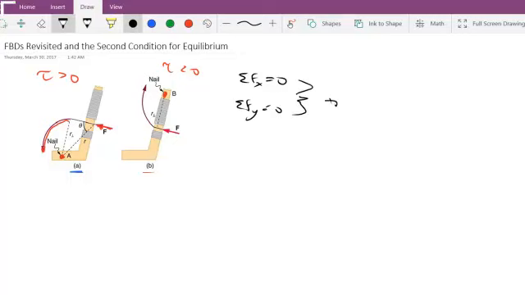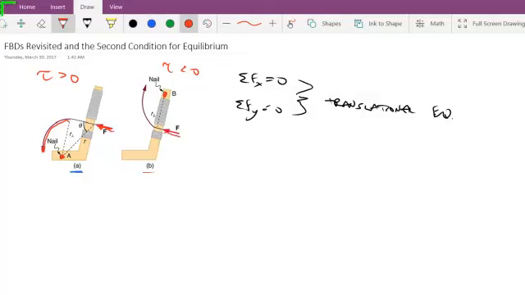So this is what we call translational equilibrium. So it is not accelerating in the x, y, or z directions.